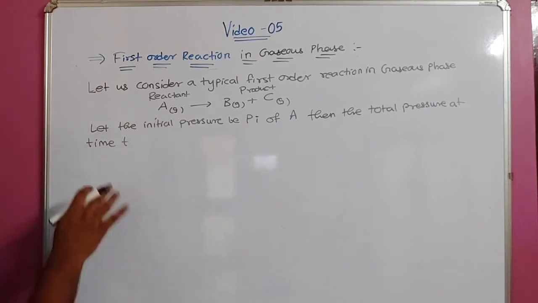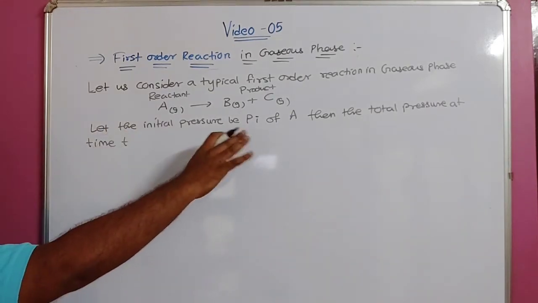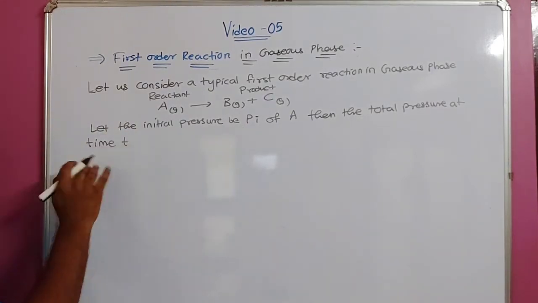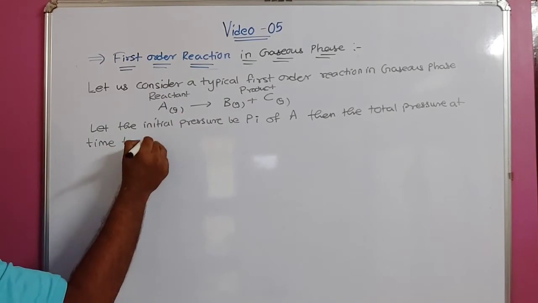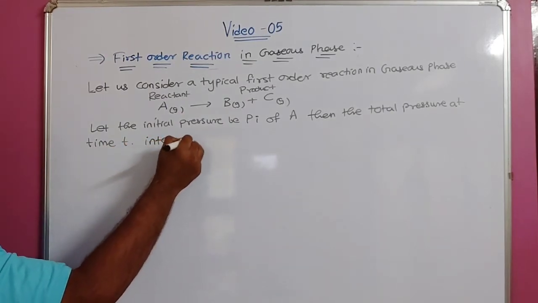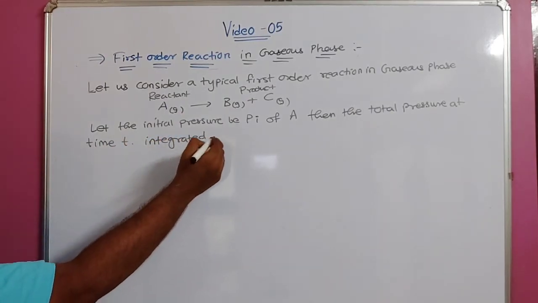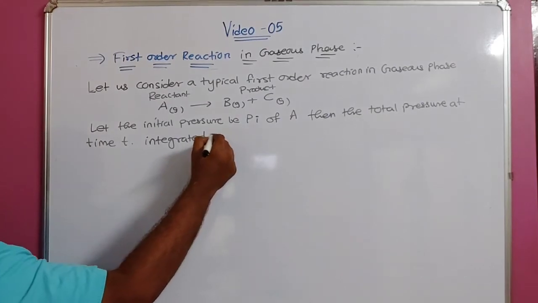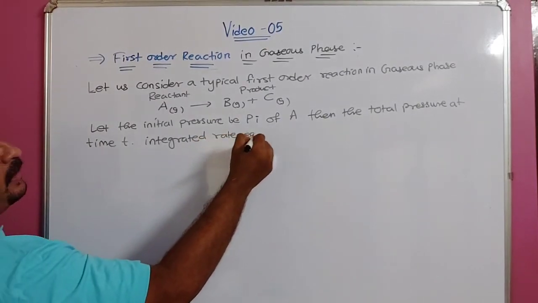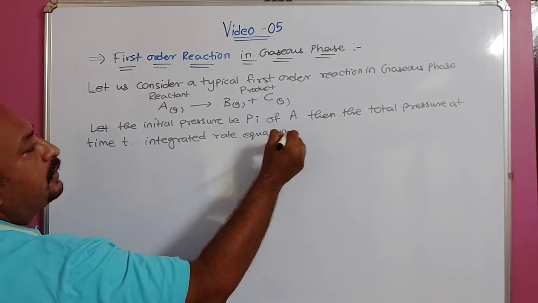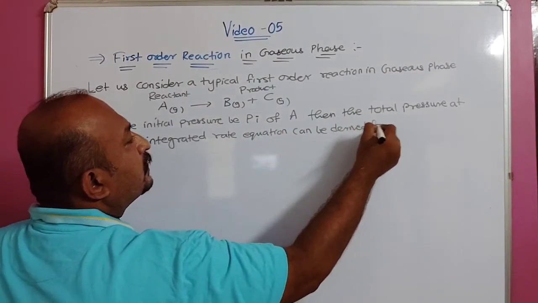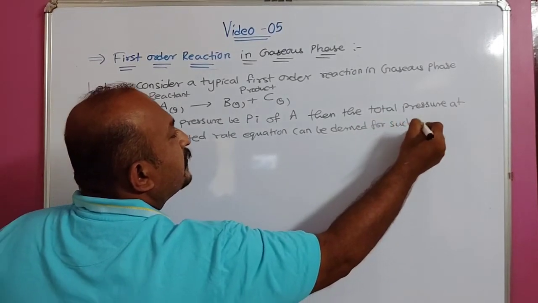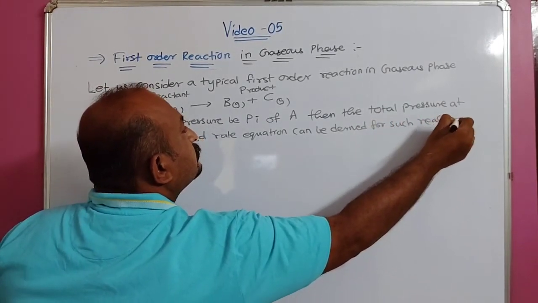If the initial pressure is Pi of A, then the total pressure at time t, the integrated rate equation can be derived for such a reaction.